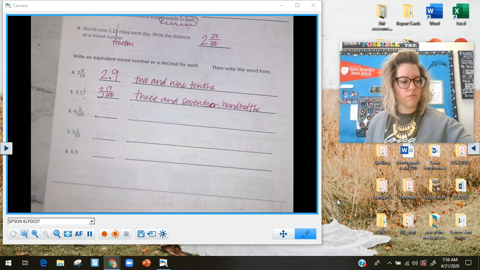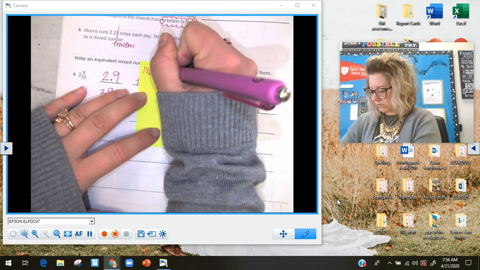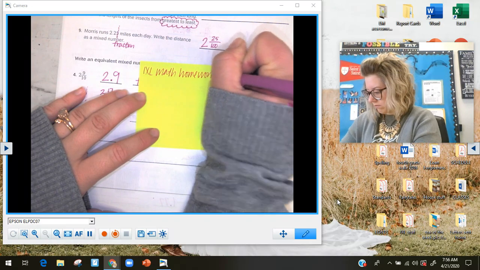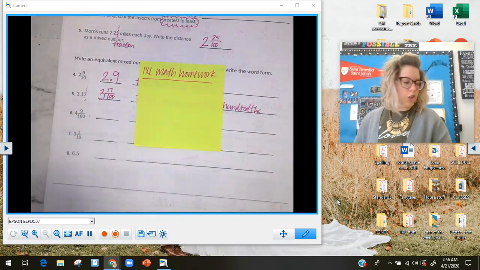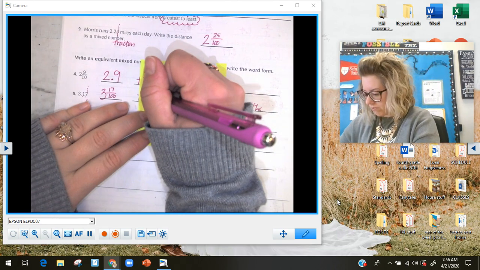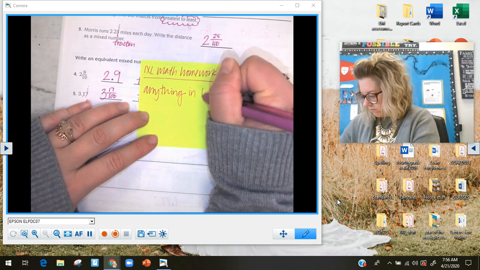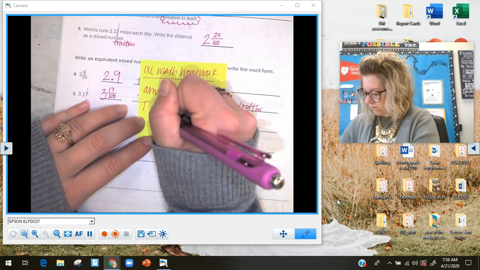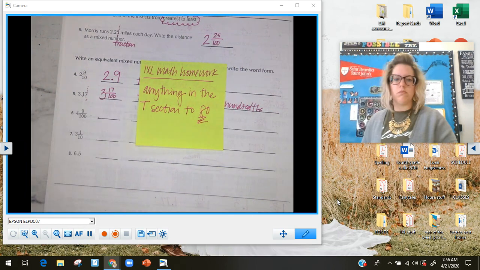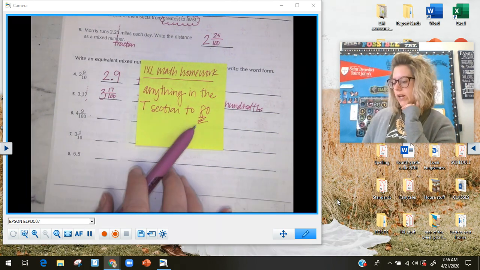Okay? Your IXLs for today. You can do anything in the T section. Pick one, pick 3, I don't care. But you have to do at least one, all the way to 80.